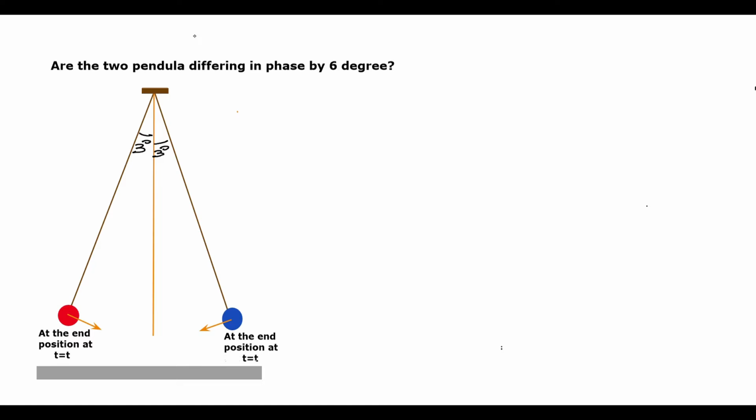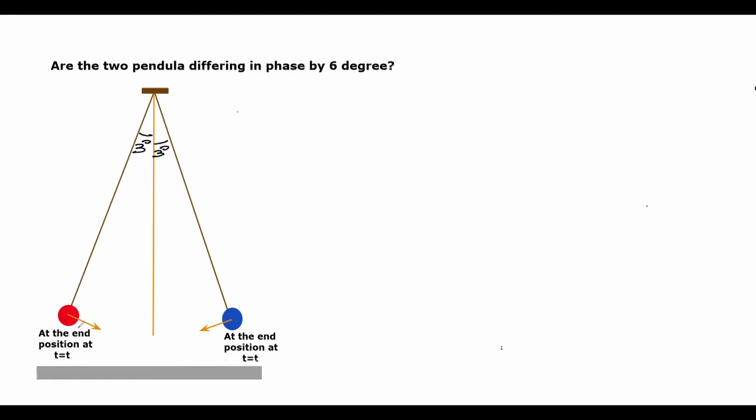The diagram shows two identical pendula. Each bob is oscillating with an angular amplitude of 3 degrees.